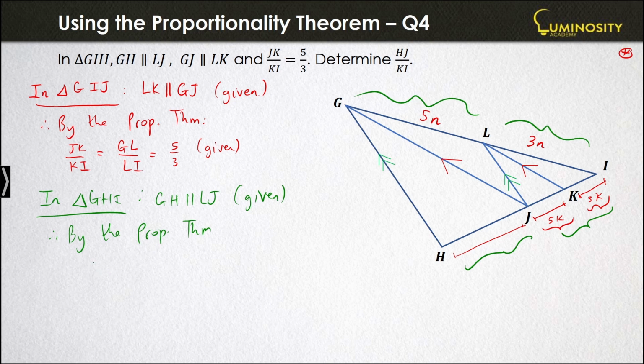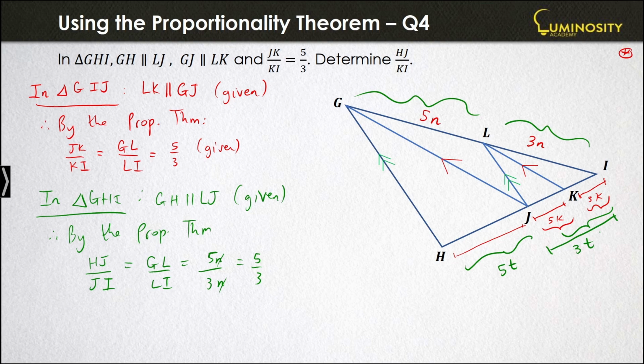So I have the length HJ to JI is in the same proportion as GL is to LI. But GL we know is 5n and LI we know is 3n. So the n's will divide and we're left with 5/3. So this ratio here, HJ to JI, is 5:3. So I could write HJ as 5t and then JI as 3t.